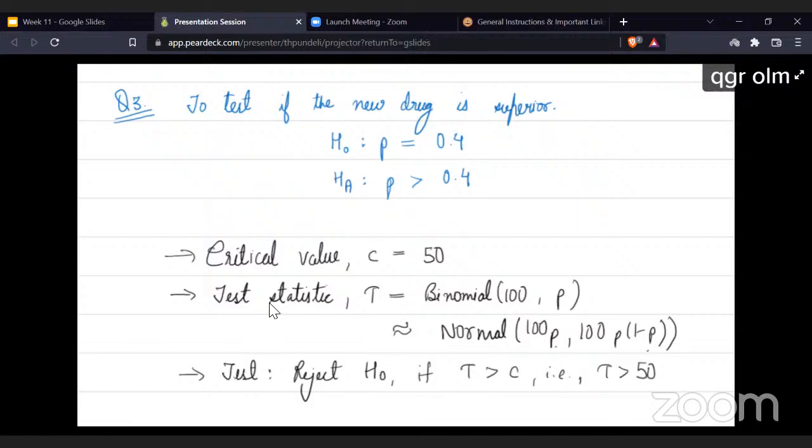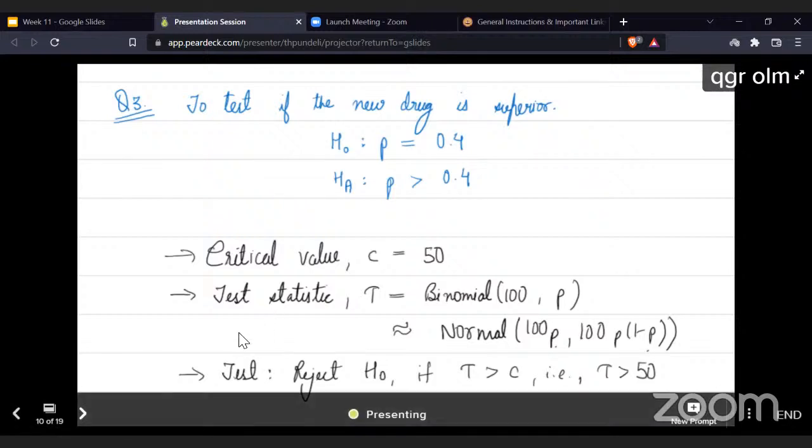If we have H naught as p equal to 0.4, can't we have an alternative hypothesis as p greater than 0.5? Ma'am, but the null is 0.4, right? Yes, ma'am. So what I'm asking is, is there a problem if we have a null as p equal to 0.4 and the alternate as p greater than 0.5?